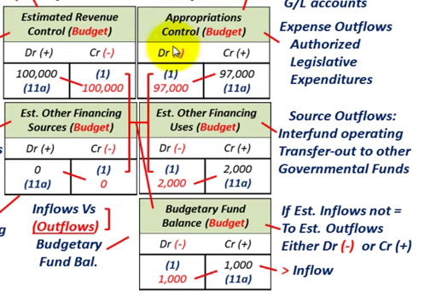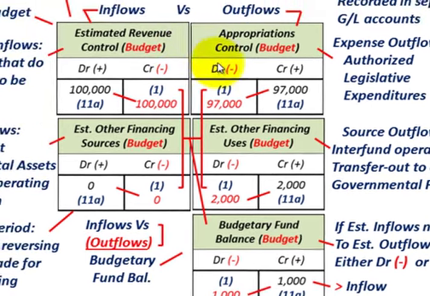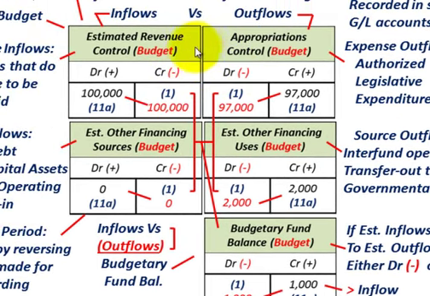Okay, so that'll take care of our budgetary accounts. Just remember, you have to set these up. They're different than for-profit corporations, where they don't have budgetary accounts, but in the case of governmental fund accounting, you have to set up the budgets, and the reason is you have to determine what your estimated revenue inflows, or your estimated inflows, would be here versus your outflows here.